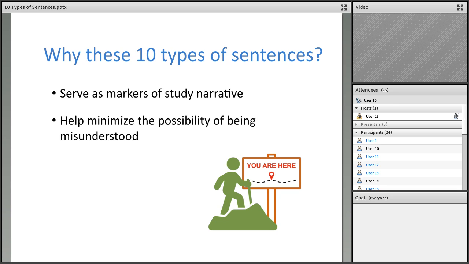So again, why these 10 types of sentences? If you think of your manuscript, it's a story of your science. And as that story, it needs markers of where people are within that narrative and what they can expect. When reviewers and readers read your paper, they're going to want to find some very specific information.